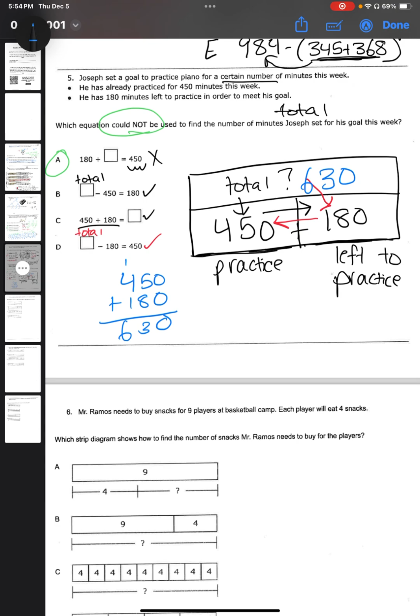And if we looked at A, we would not add 180 to 630 and be able to get 450. Now we could take 630, subtract 450 and get 180. We could add 450 and 180, which we've done, and get 630. Or we could take our total 630, subtract 180, and end up with 450.